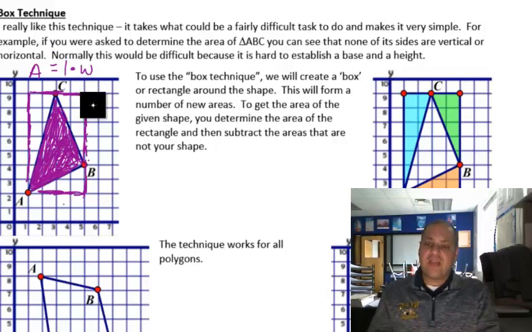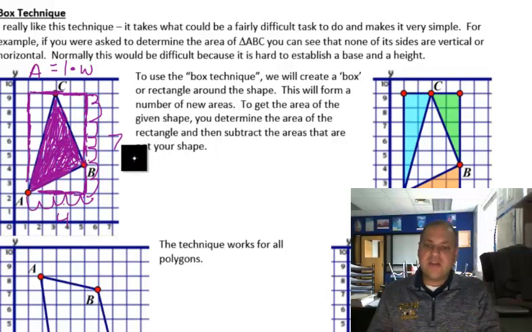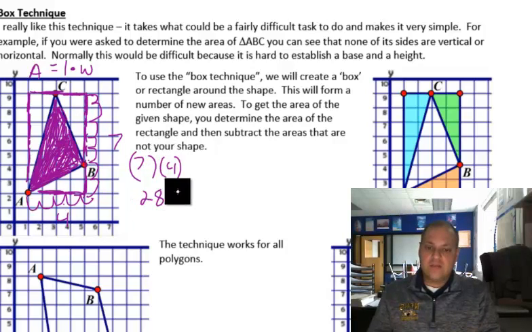So when we do length times width, the rectangle, it's 1, 2, 3, 4, 5, 6, 7, and then 1, 2, 3, 4, just 4. So it's 7 by 4. 7 times 4 is 28.